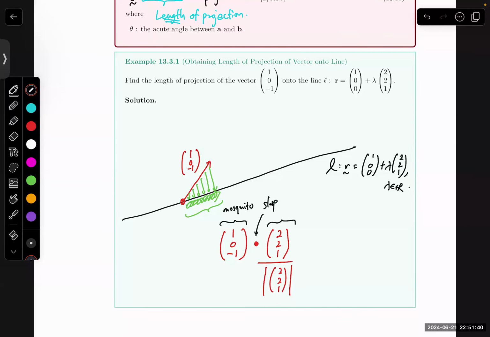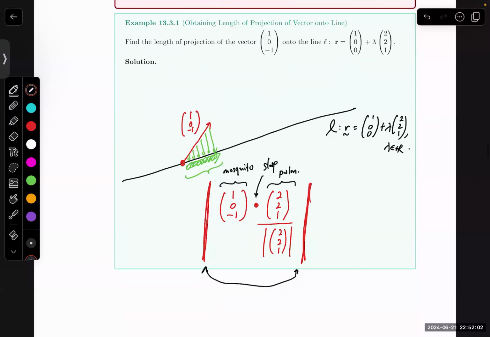Then this is the palm. Disgusting analogy, but yeah. Now I want the length of this slapped mosquito. So for length, just put the modulus. This gives us the length. So this helps us measure the length of the mosquito that's squashed into my hand.